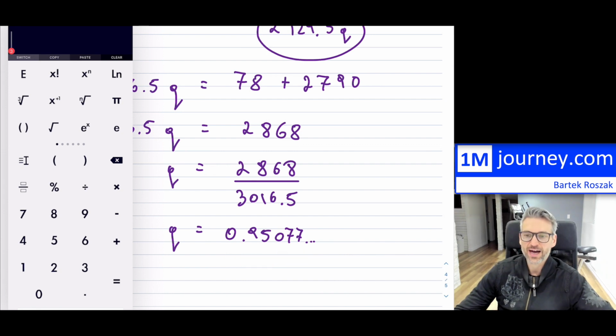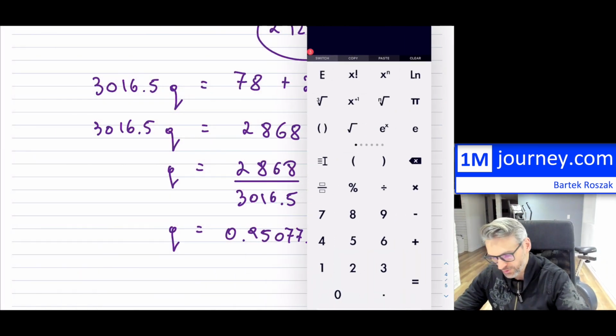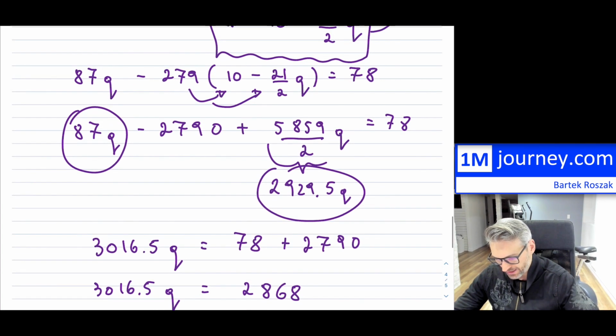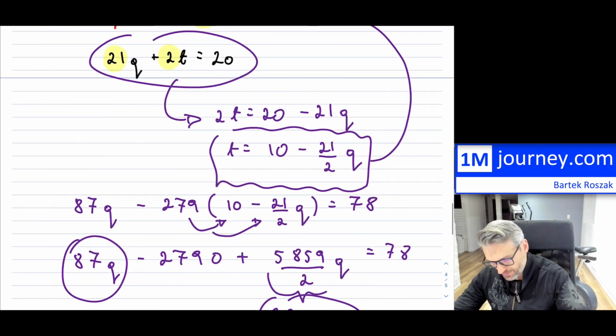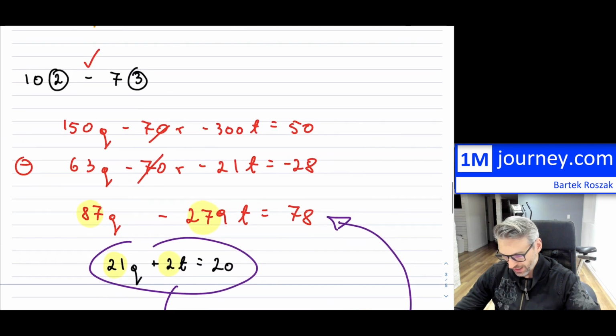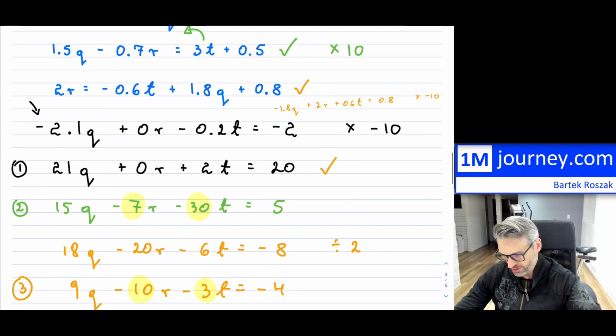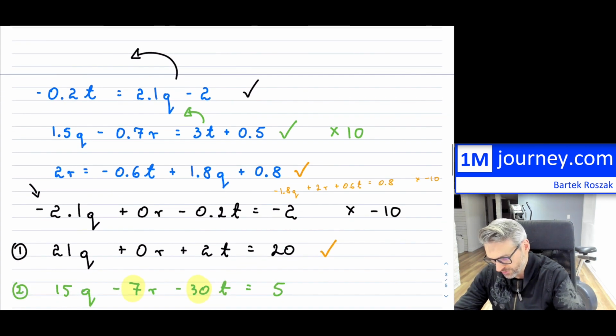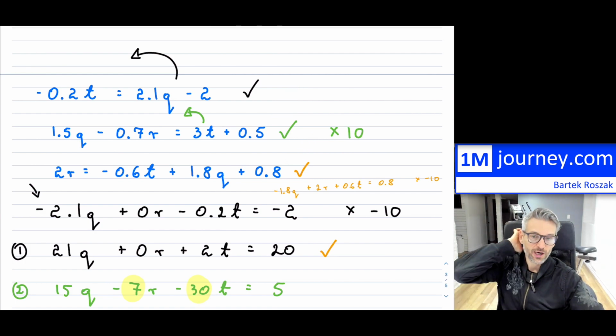Once you have solved for Q, you're going to substitute it back into your equations. For example, you can substitute into here, and you're going to get the value of T. Once you get the value of T, you can take your Q and your T and substitute back into one of the original equations. You can even go all the way back, because now we want to solve for R, so you can plug it into here or here to solve for your R.